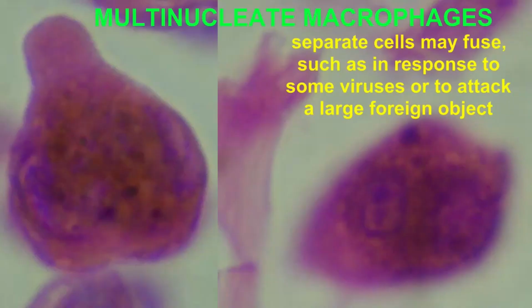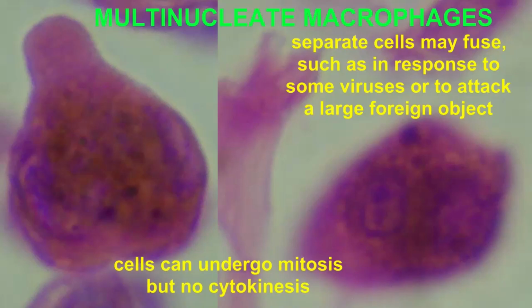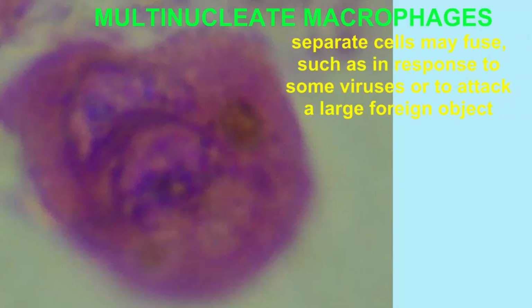In some cases, they may even get larger with multiple nuclei. So separate cells may fuse, and this can be a response to some viruses, or this can be to allow them to attack a larger foreign object. See, even something like a splinter might cause them to fuse and thus better attack this large object.